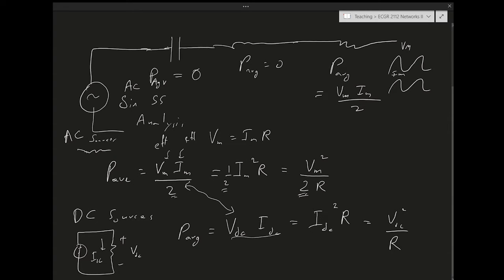We want to somehow roll this extra half into the circuit variables in a way such that we get formulas that are equivalent to the DC case.